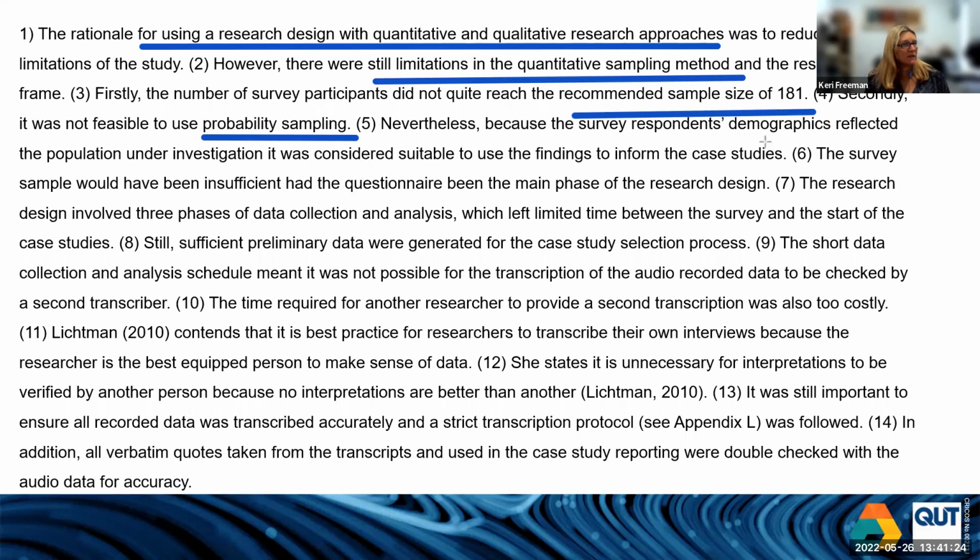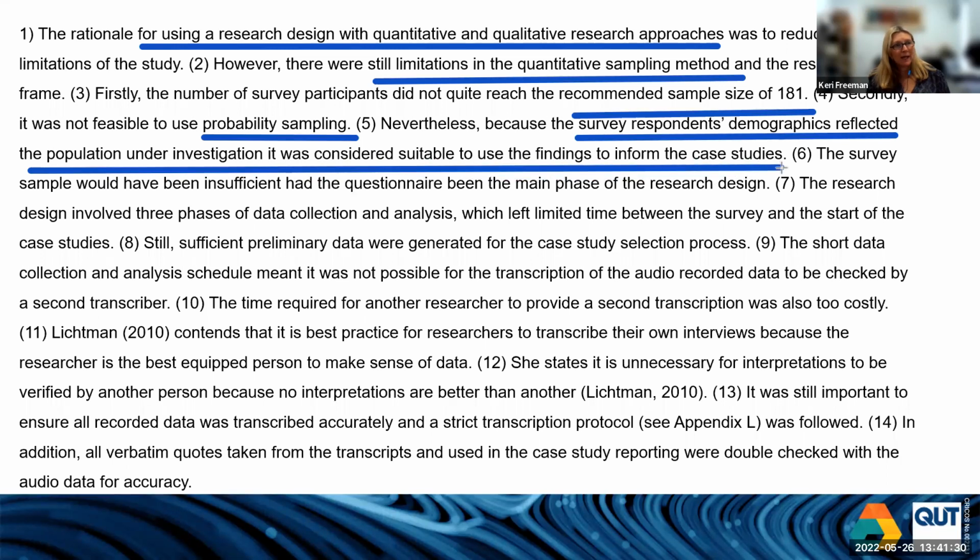But nevertheless, the demographics reflected the population under investigation. And it was not the main data collection or methodology. So it was informing the case study, so it was enough to do that. But if it had been the main phase, it wouldn't have been enough.